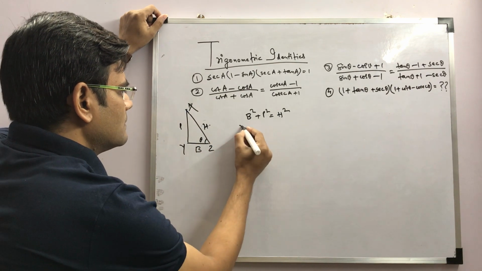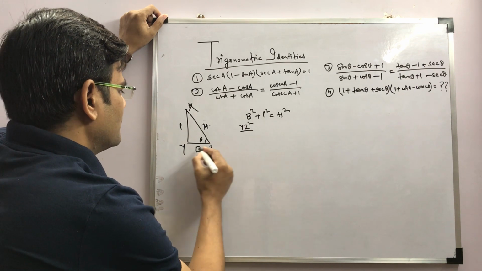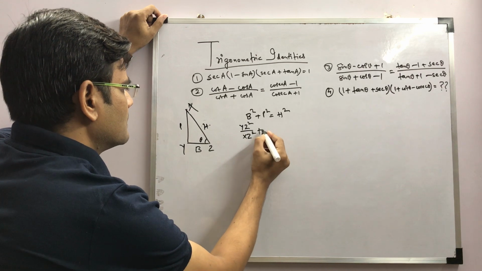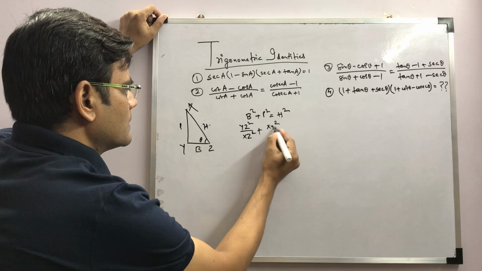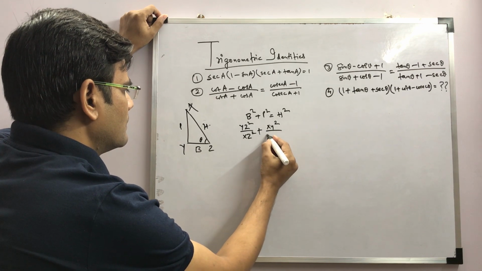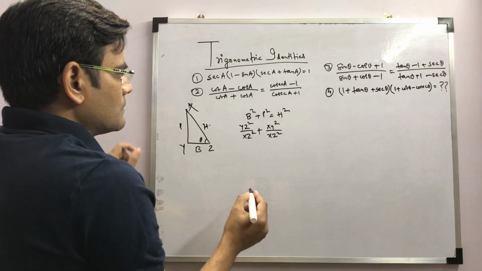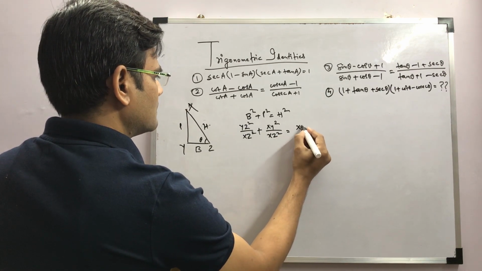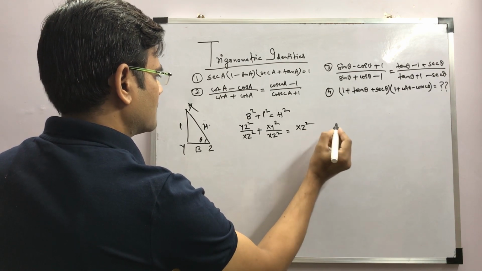Base is YZ, perpendicular is XY, and hypotenuse is XZ. So (YZ) square plus (XY) square equals (XZ) square.